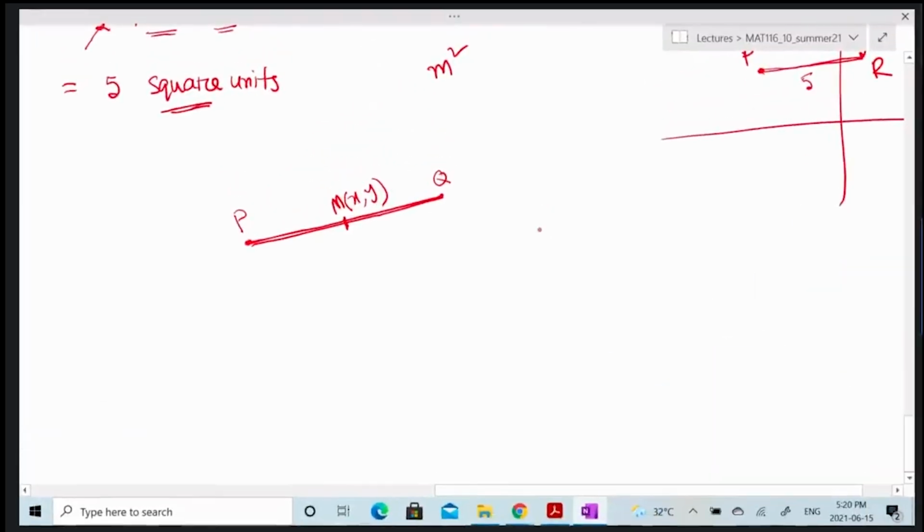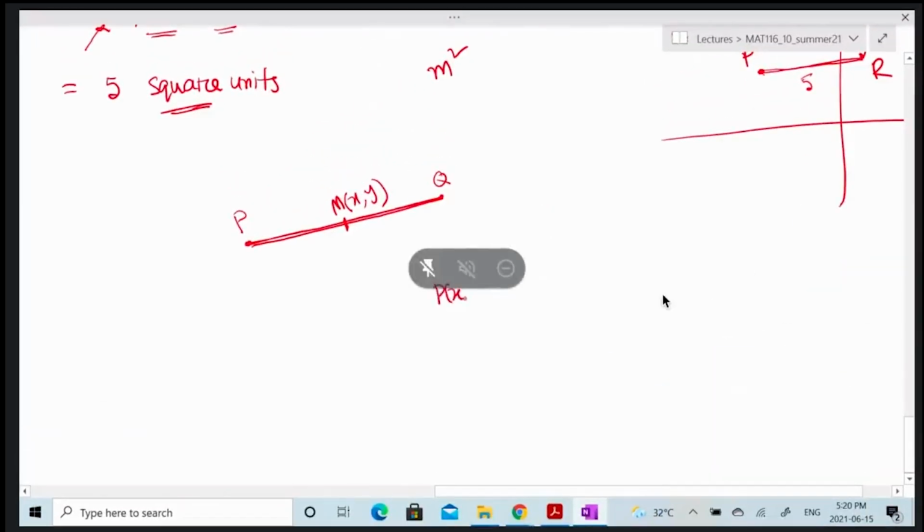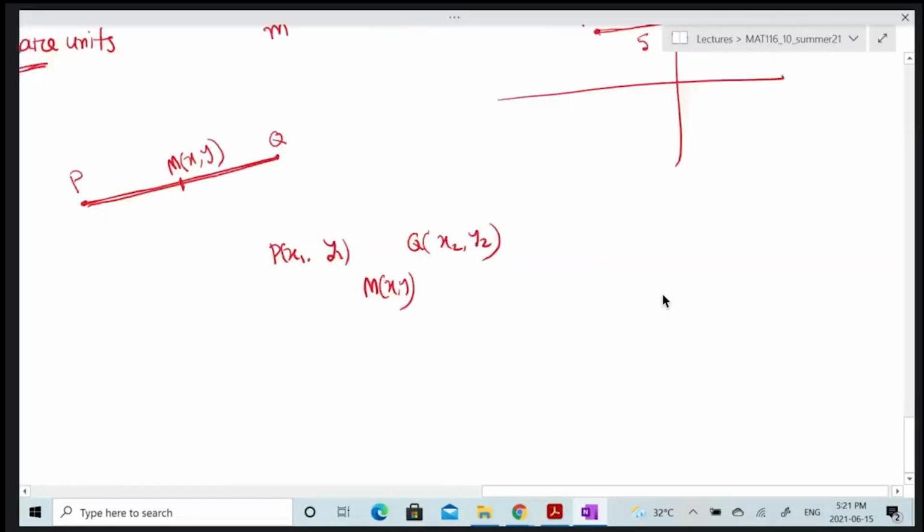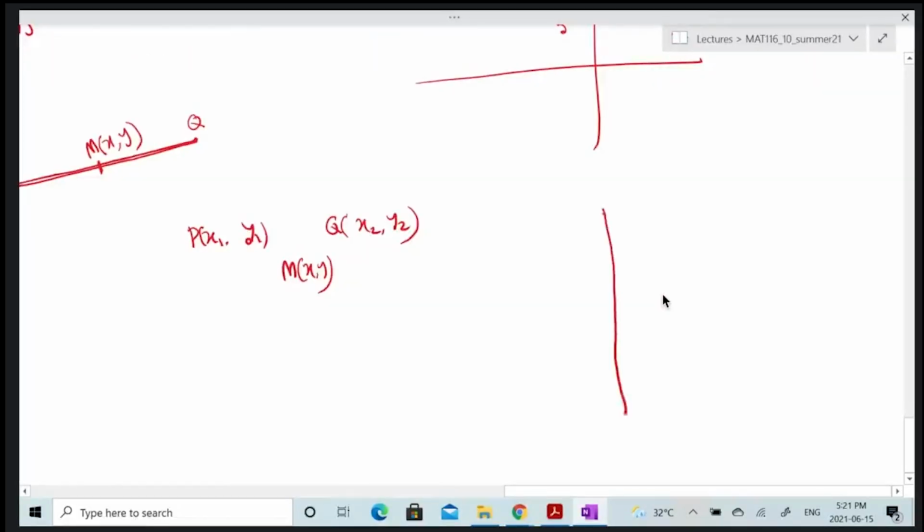So say we have points P (x1, y1) and Q (x2, y2), and I want to find the midpoint of it, which is M (x, y). Let's draw it first.